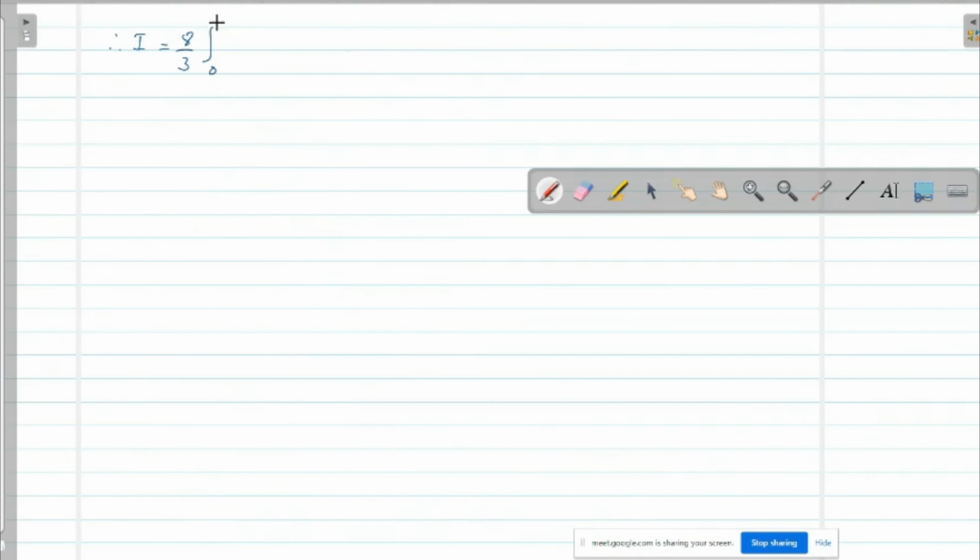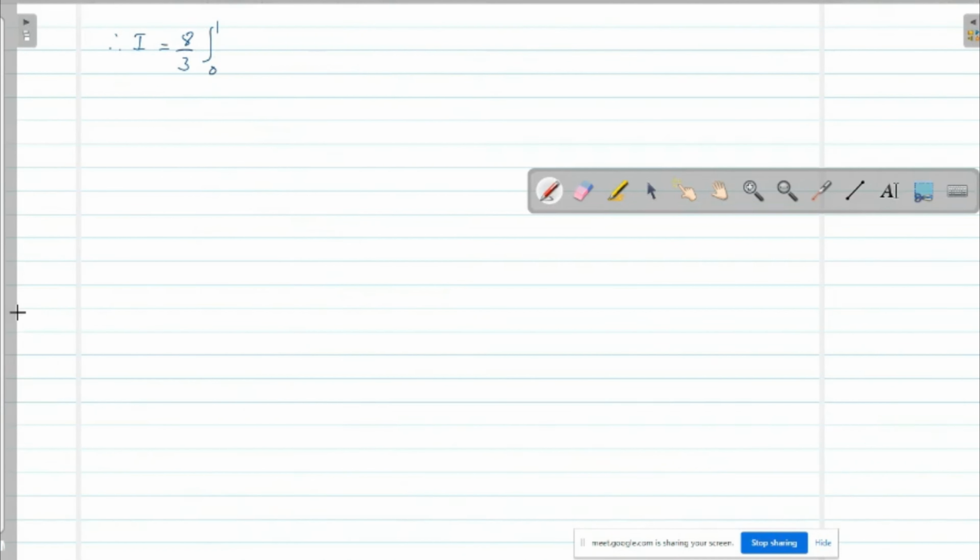integration of limit 0 to 1, t raised to minus 1 by 3 into 1 minus t raised to 1 by 3 dt. Okay, we have the definition of beta function.